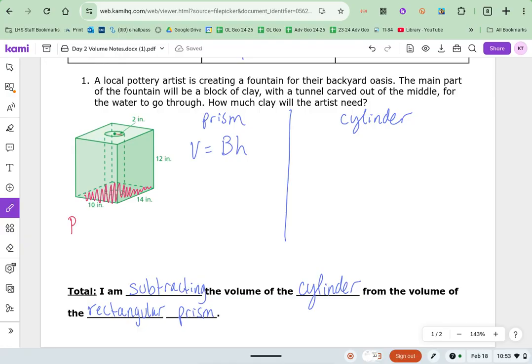Over to the side, we can work out the area. The way you find the area of a rectangle is base times height, or length times width. For our base, the length is 10 and the width is 14, because we're just finding the area of that bottom rectangle, which means our base shape has an area of 140 square inches.